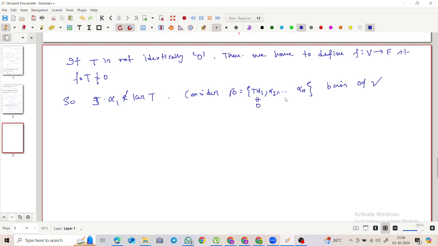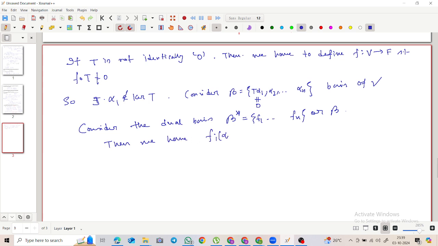So you can extend this basis, right? Now consider the dual basis, beta star, of beta.